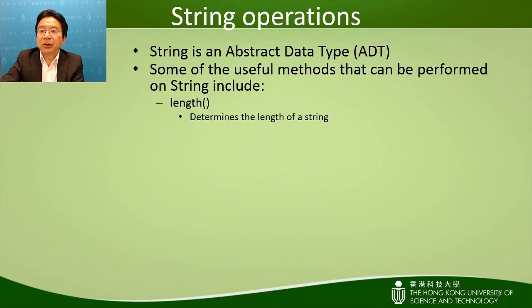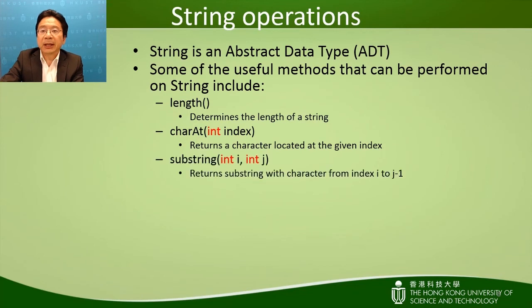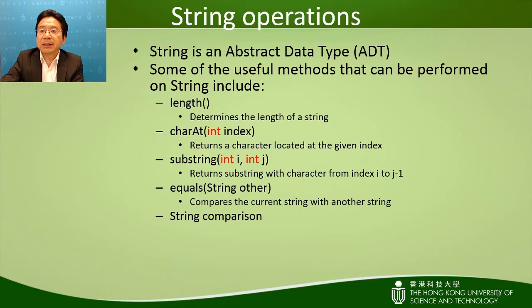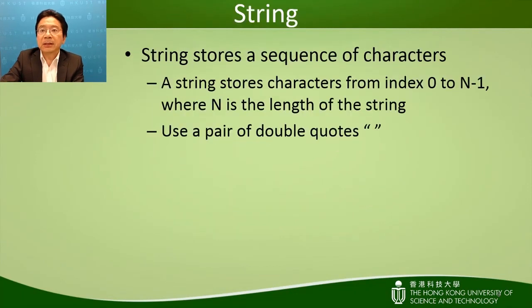Some of the useful operations that can be performed on strings include methods for determining the length of a string, the character at a given location, a substring of a given string, to compare whether two strings are equal or in certain order, and to combine strings to form longer strings, and many more. As discussed, strings store a sequence of characters. For strings with length n, the characters being stored in a string can be indexed from 0 to n-1.